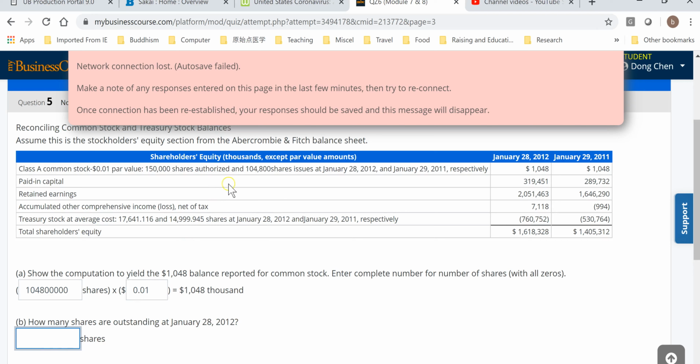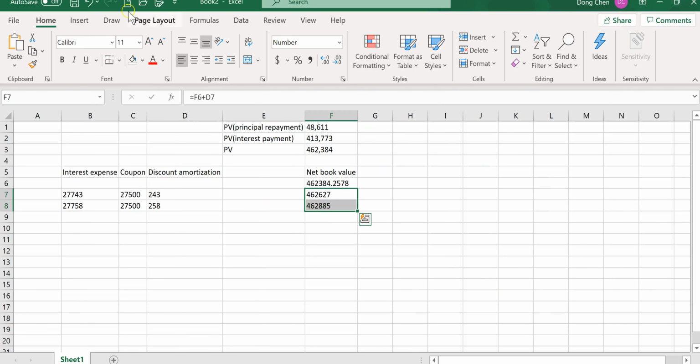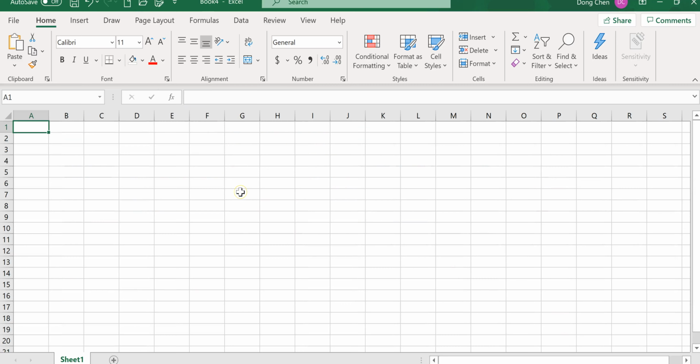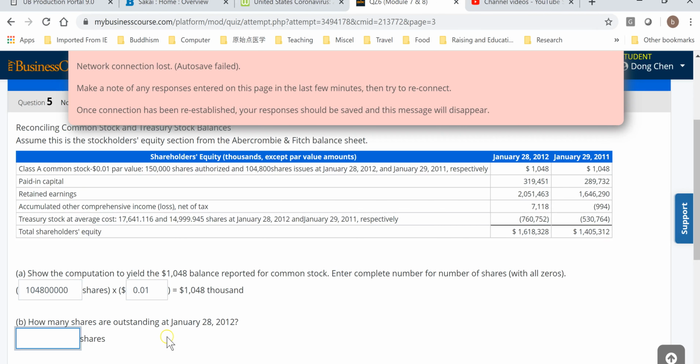And then, how many shares are outstanding at January 28th, 2012? So to get the number of shares, we need to see how many shares were issued, and then we need to deduct the number of shares which were repurchased, and that's the number of shares outstanding. So this is in shares, not thousand shares.